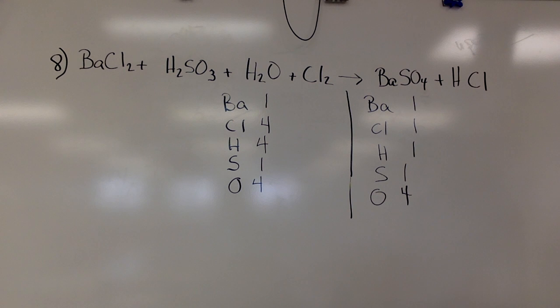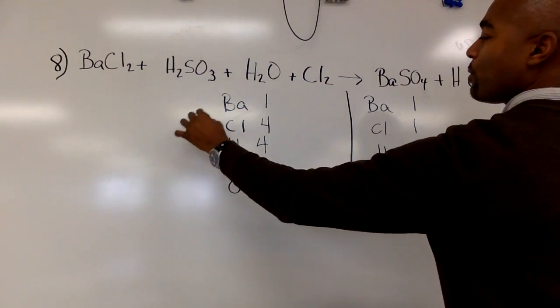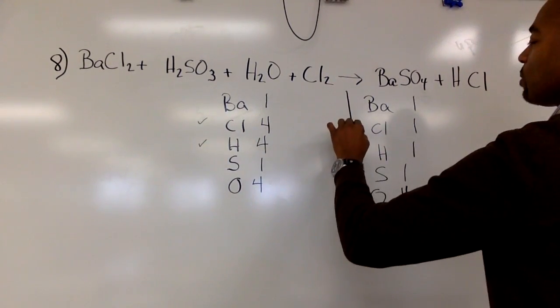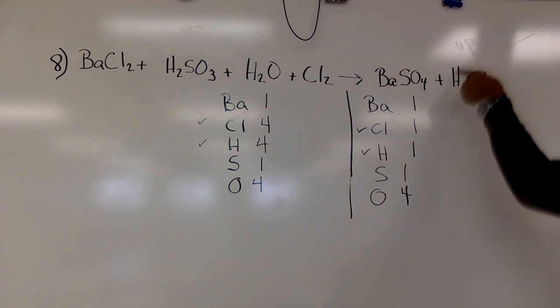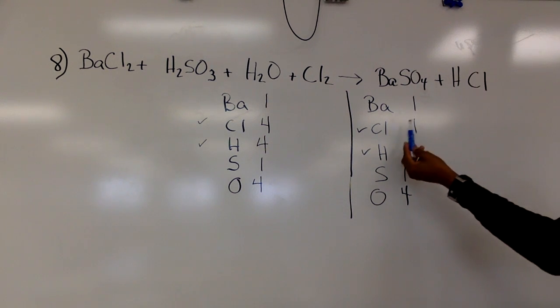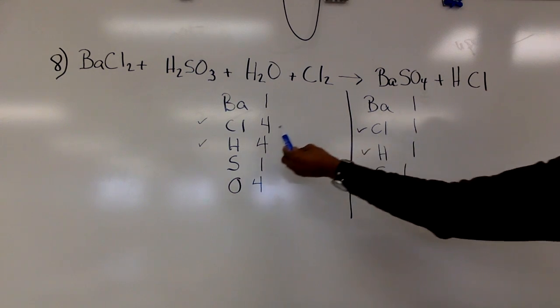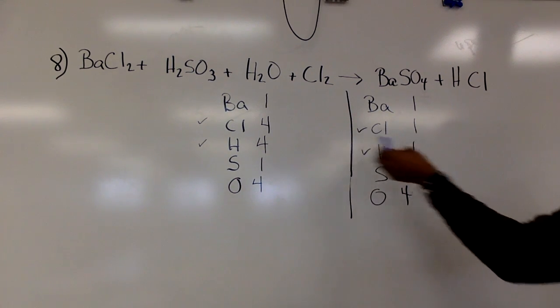So take a look at that for a second. What would you do if you needed to balance this? As I look at this, I see chlorine and hydrogen. Those are the only ones that are out of balance. What could you do? If you said you would multiply chlorine and hydrogen by 4, then that is correct. Because when you look in the equation, they're right here together. And 1 is a factor of 4, okay, for both of these.